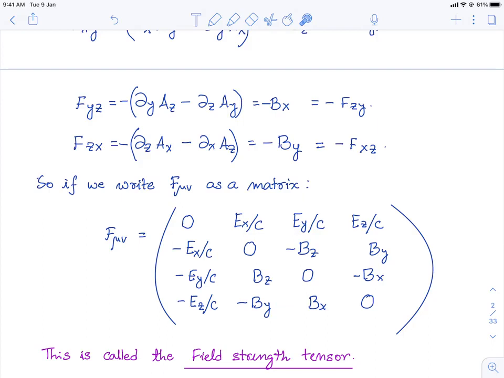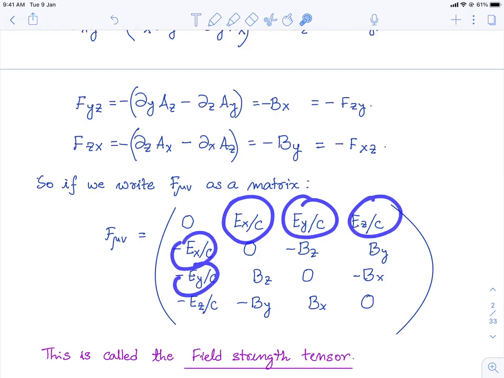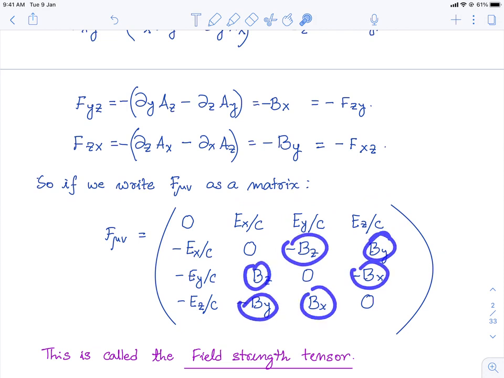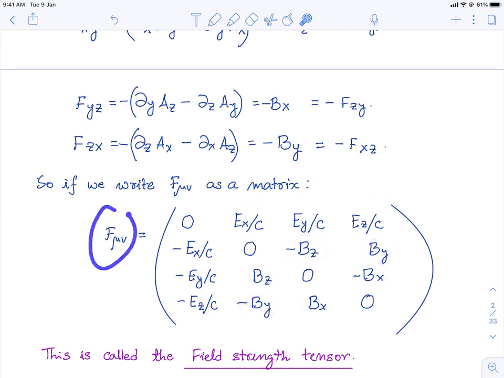But the 0i and the i0 components, they are the electric fields, and the rest of the components here are the different components of the magnetic field. Okay, so this is the structure of this object, and therefore we conclude that the electric and magnetic fields together, they transform like the components of a (0,2) tensor.